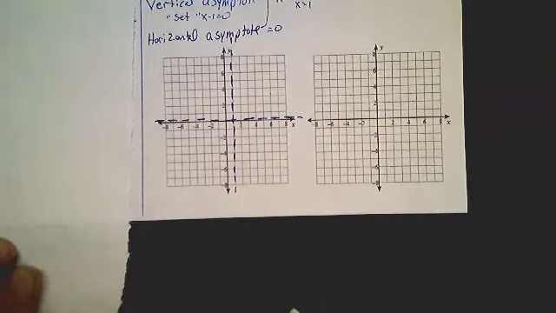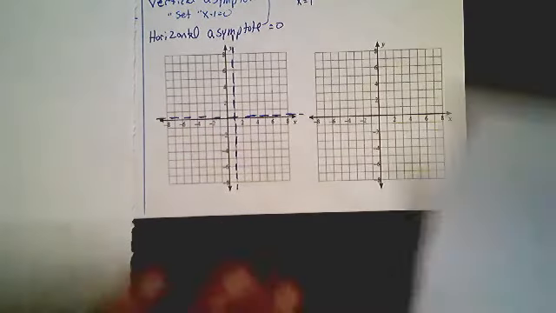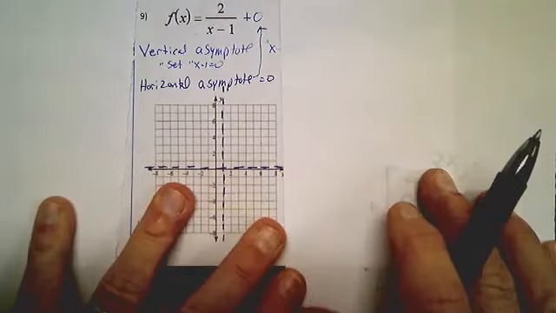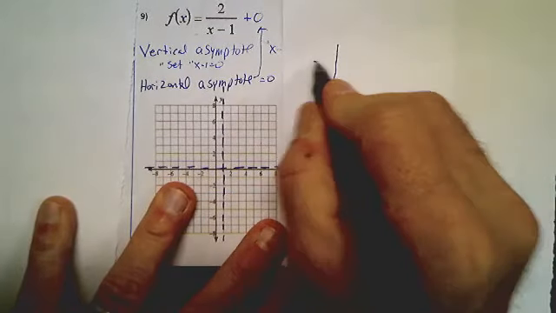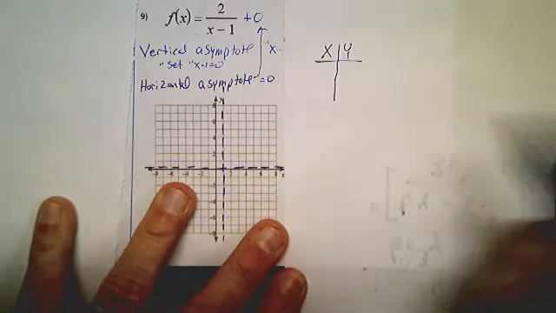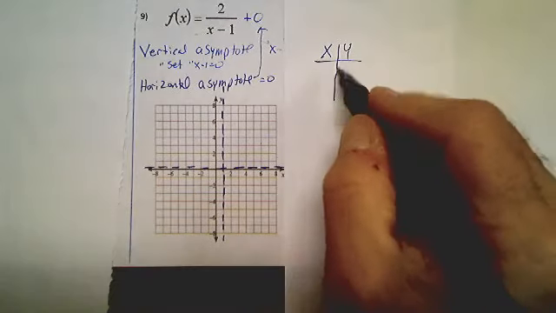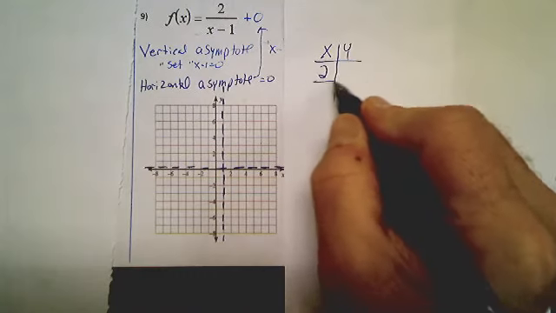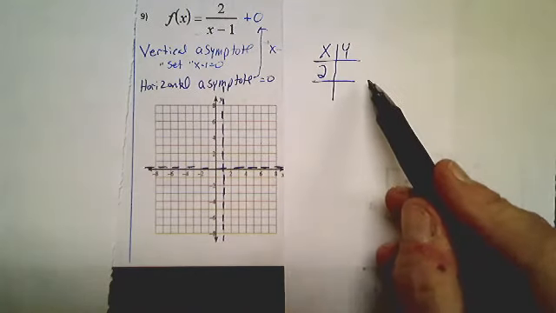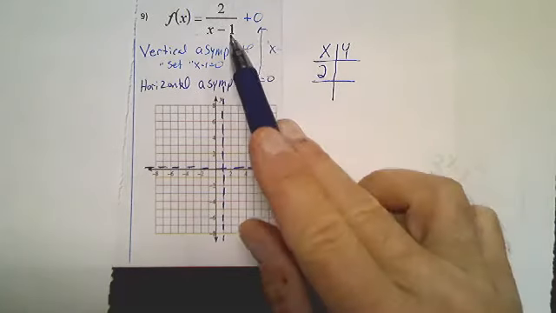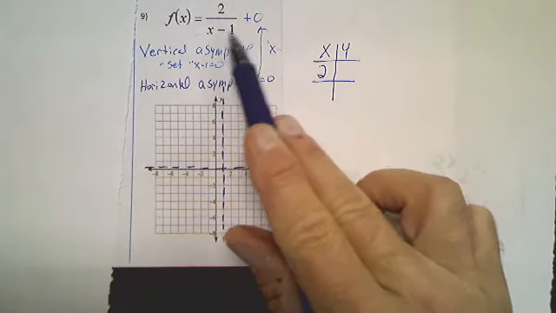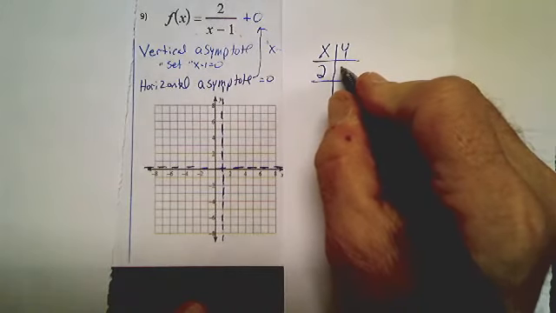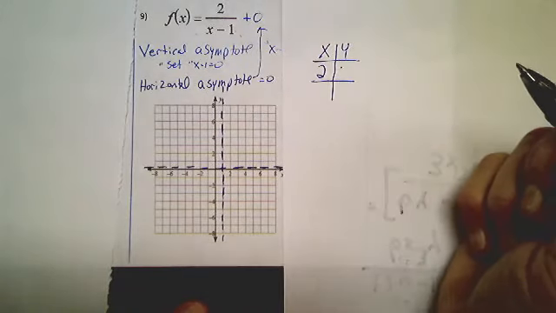So we're just going to kind of plug in some numbers. Check this out from your Algebra 1 days. Let's just do this. X, Y, let's plug in. I cannot plug in 1. I could plug in 2. What's 2 minus 1? 1. What's 2 divided by 1? 2? Is that right?